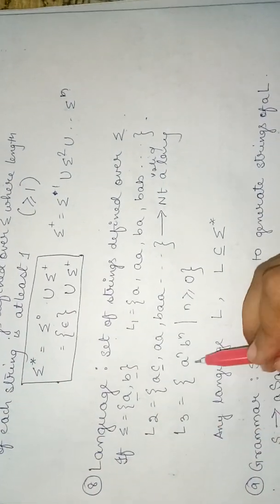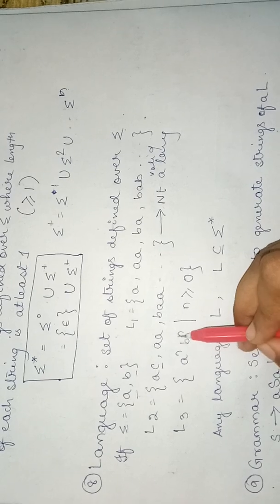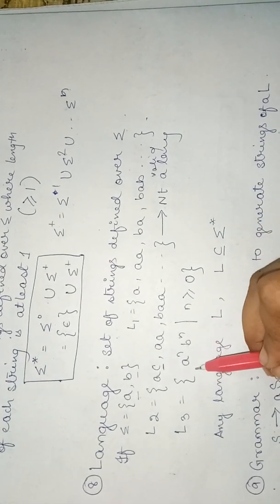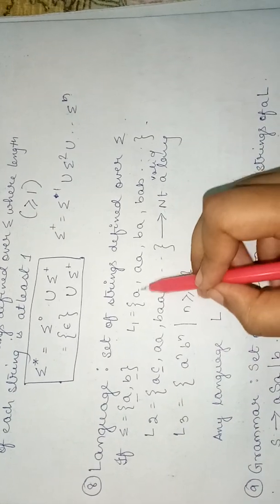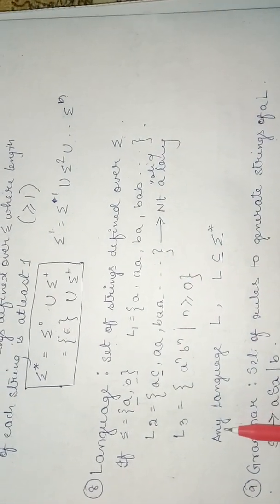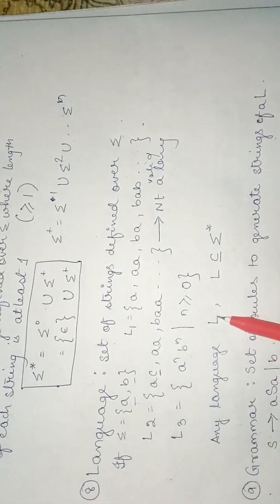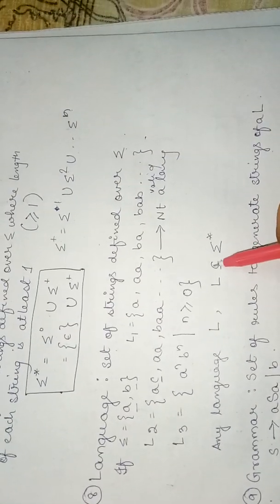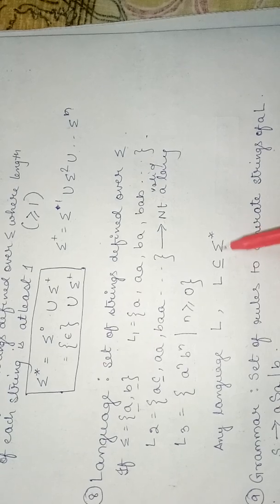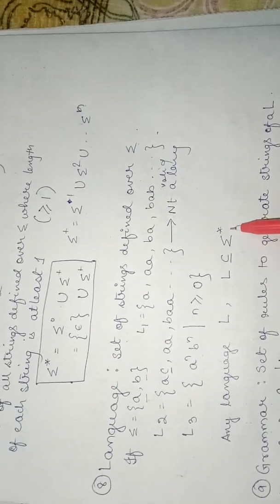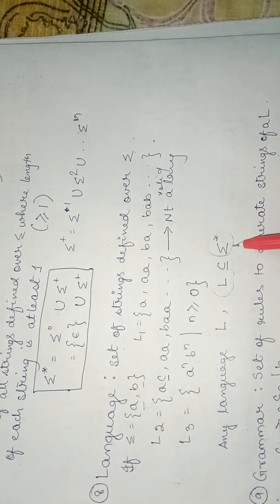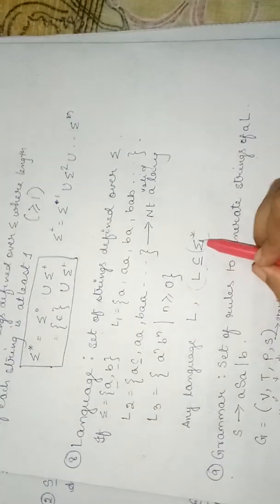Then L3 may have a format A^n B^n, where n is greater than or equal to 0. So it may be in any format or without any format. For any language L, it is a subset of or equal to the Kleene closure. Like this can be less or totally equivalent to the language of all possible strings.